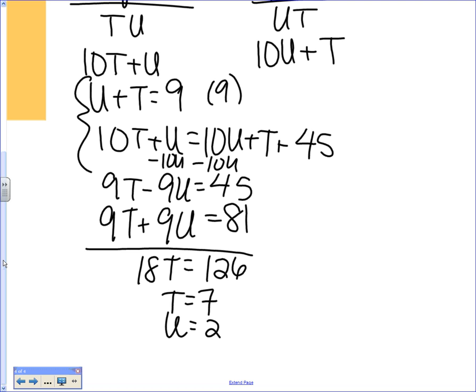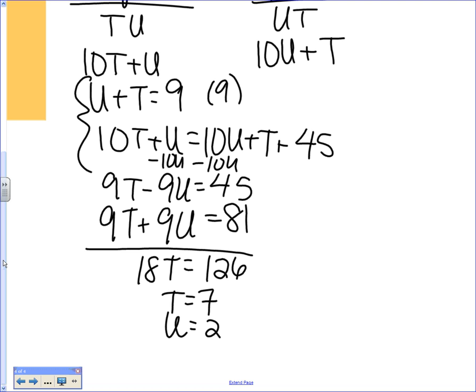So, on these, does it help if you write, this is what my original number would be? This is what my new number would be? Yes. And then you know, okay, this is what it tells me is my original number. And then it says new number. This is what it tells me my new number is. If you try to do it all in your head, it's very possible that you make a mistake. Does that make sense on these?